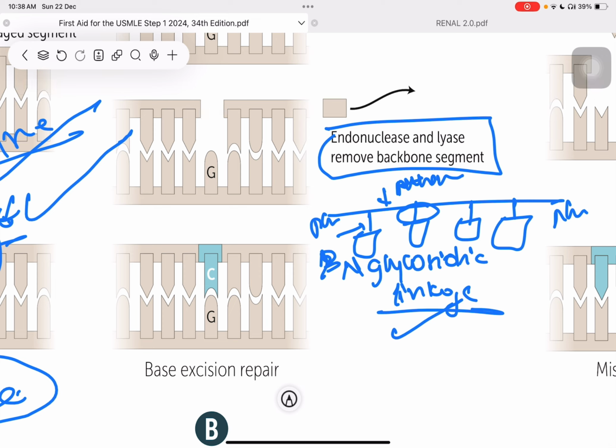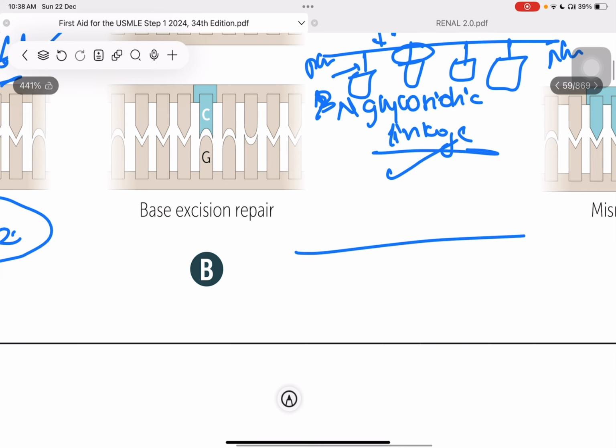What do you mean by endonuclease activity? Endonuclease activity is nothing but when we have a long segment of DNA, it creates a nick over here so that your DNA gets open. Once the apurinic or apyrimidinic endonuclease makes a nick close to this site where the base has been lost, this DNA gets exposed, right?